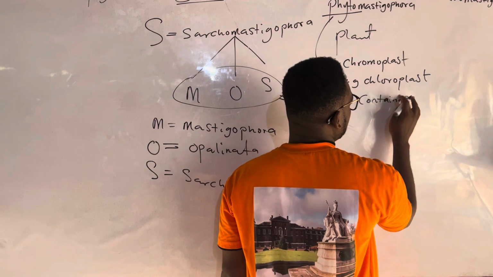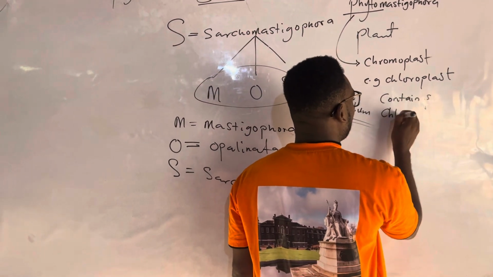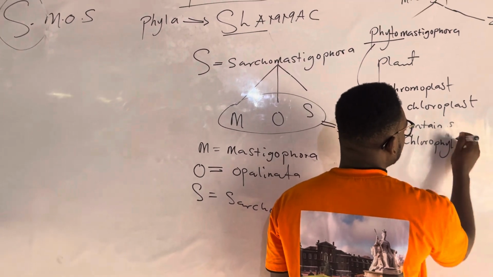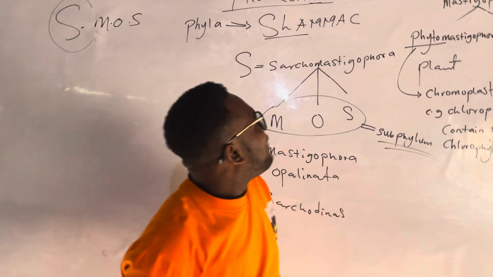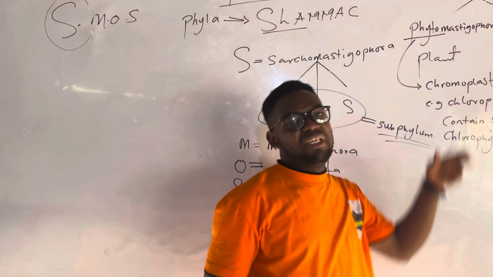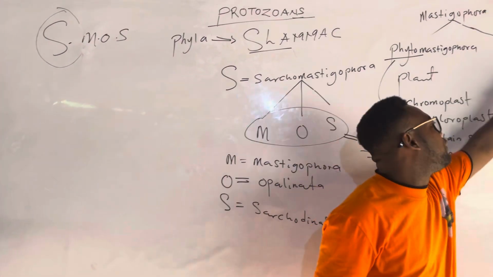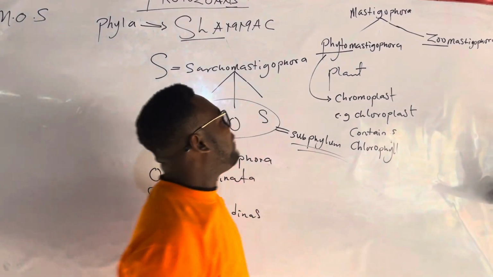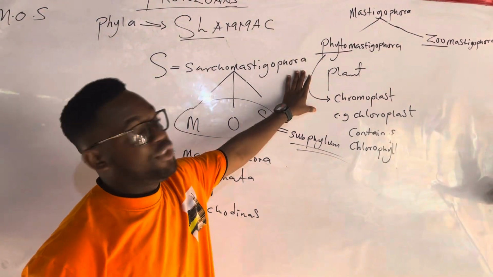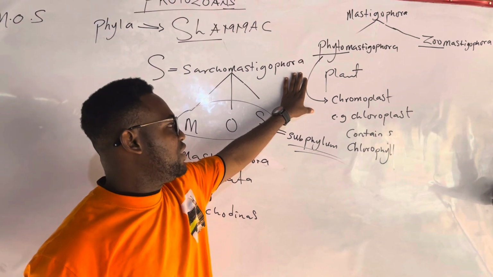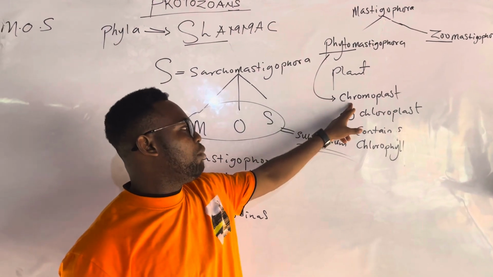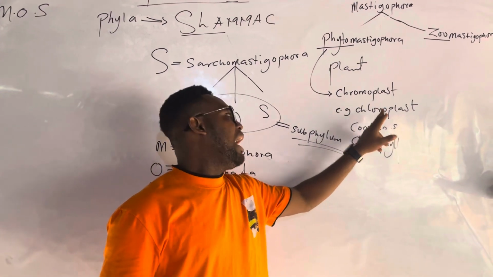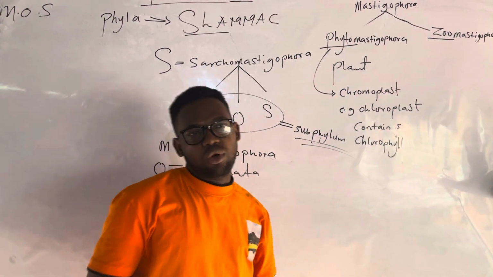Chlorophyll. So Phytomastigophora, from the word phyto, means plant. Then zoo, from the word zoo, means microscopic animals. So all the examples you have here in Phytomastigophora carry out photosynthesis because they contain chromoplast, an example being chloroplast. And chloroplast contains chlorophyll.